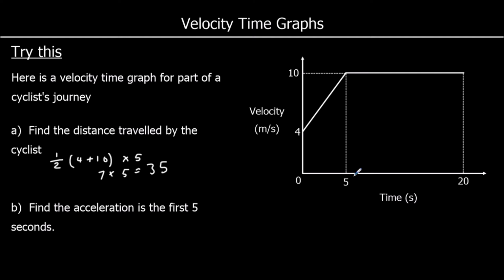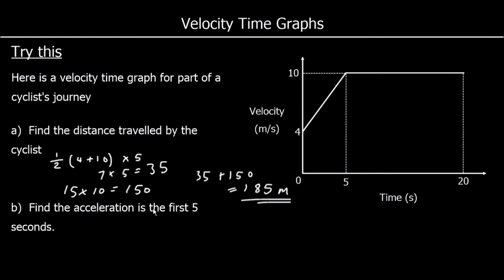And the rectangle, it's got a base of 15, a height of 10. So 15 times 10 is 150. So 35 plus 150 is 185, and it's in meters. So 185 meters.